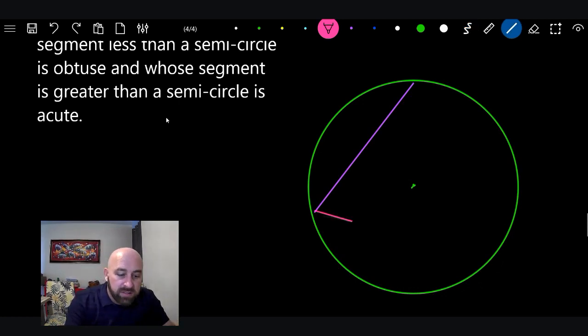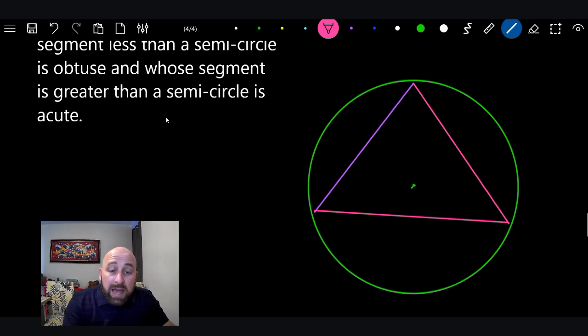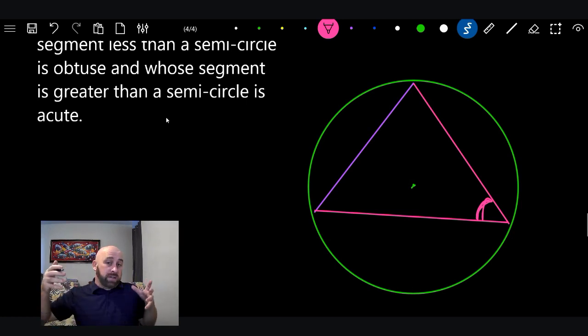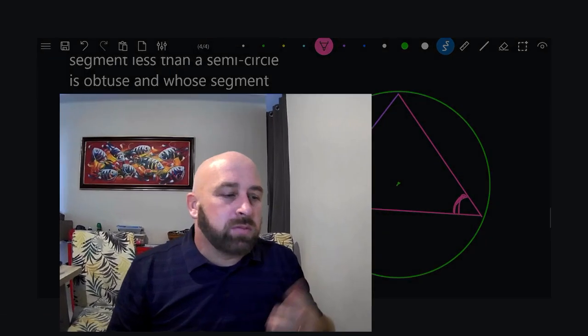Let's inscribe an angle in the big segment. Well, what do we have? We now have an angle that's going to be acute. So if we inscribe it in one that is bigger than 180, we're going to get an acute angle. Why is that? It's the whole half angle thing. So that's what that theorem says.